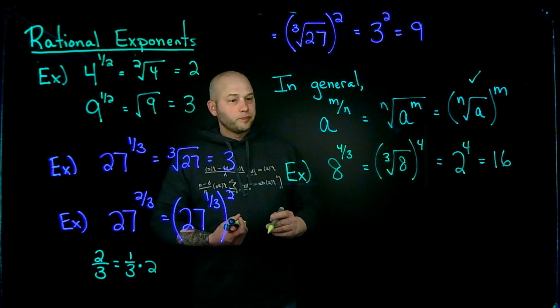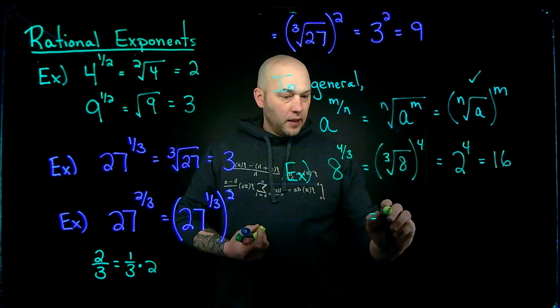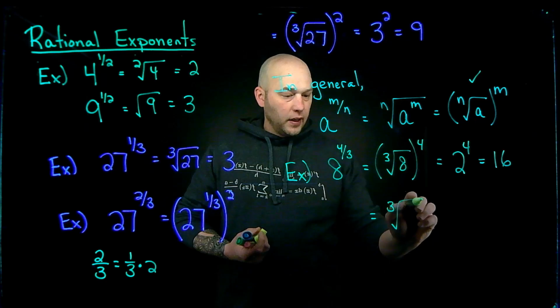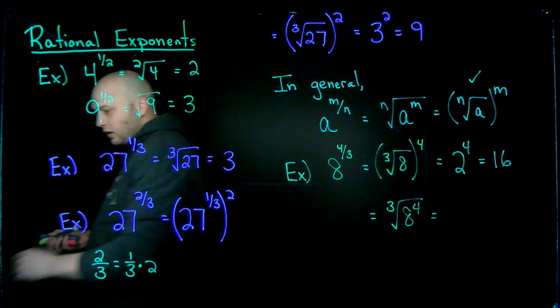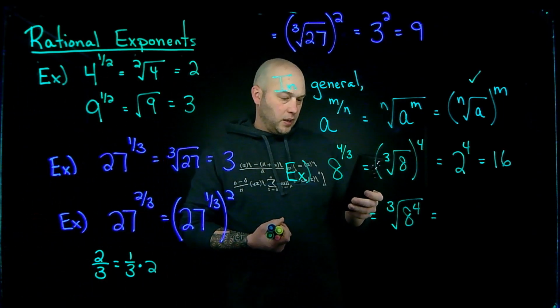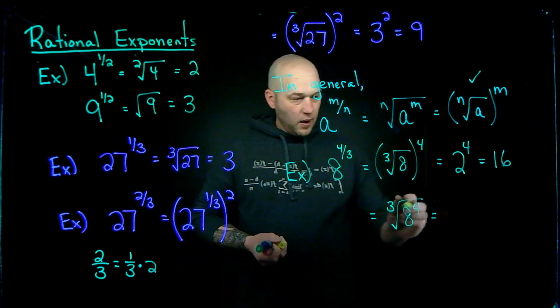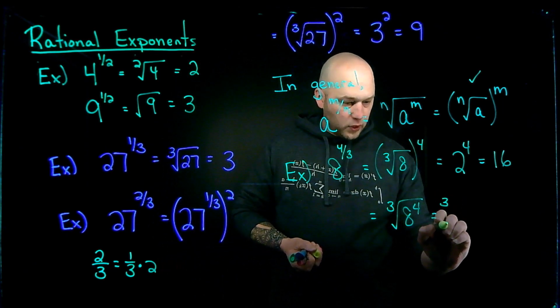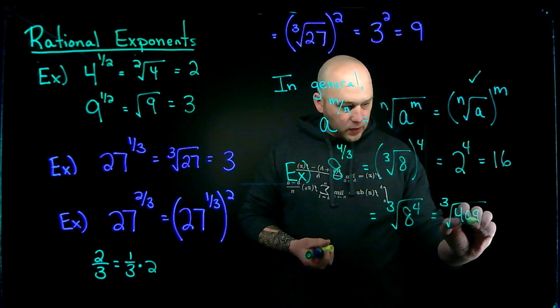Okay. Now, we could equivalently say that this is the cube root of 8 to the 4th. So what is 8 to the 4th? So let's see, that would be 8 times 8 times 8 times 8. So then we'd have to figure out what is the cube root of 4,096.